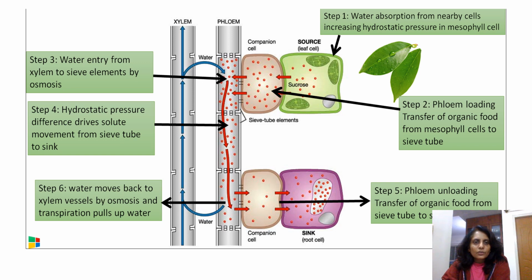Step 3, water from the neighboring xylem enters into the sieve elements by osmosis. In step 4, we can see the hydrostatic pressure difference that drives the solute molecules from sieve tubes to the sink region. In step 5, we can see what is called phloem unloading, where the food is totally translocated from the sieve tube to the other parts of the plant where it is required.